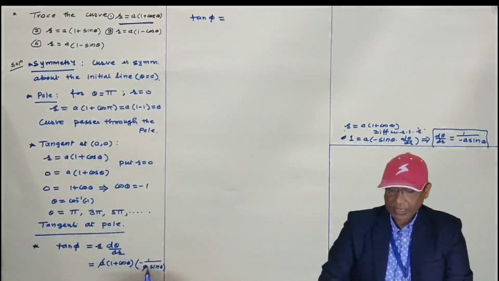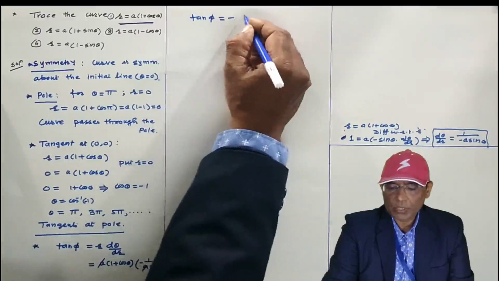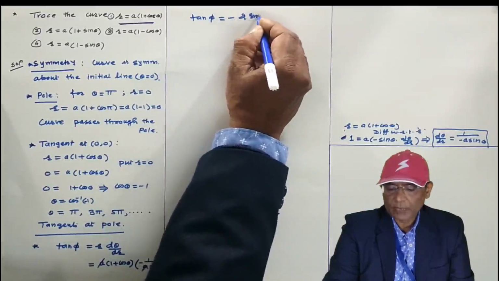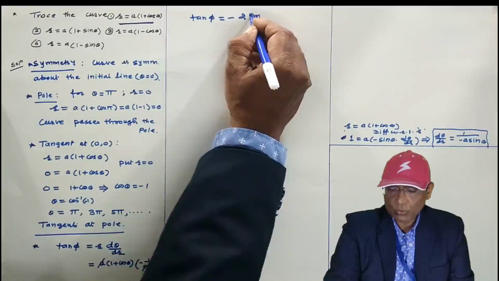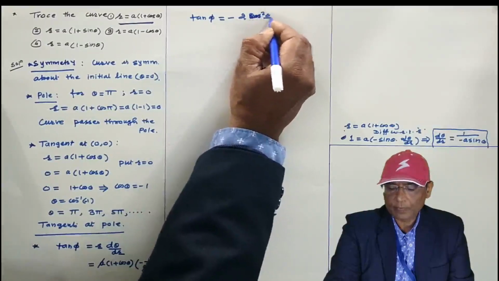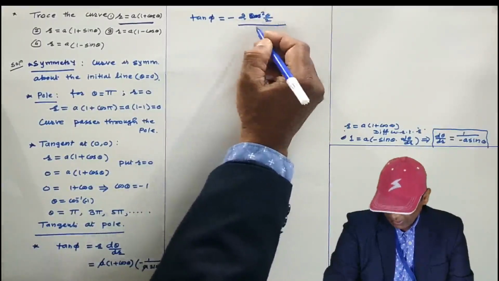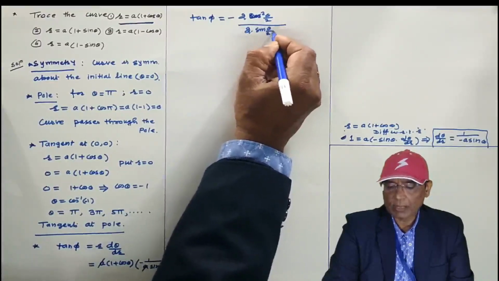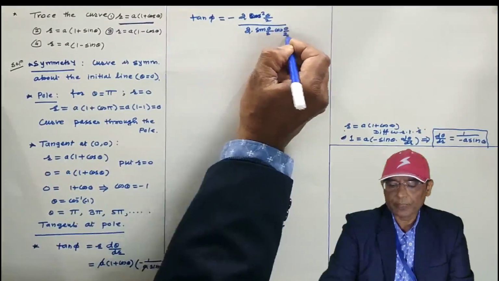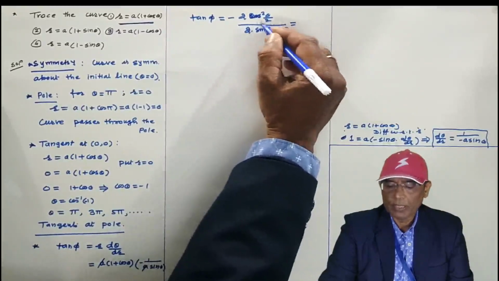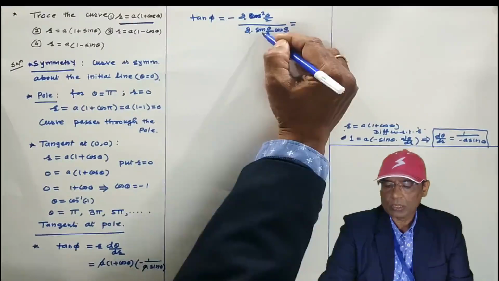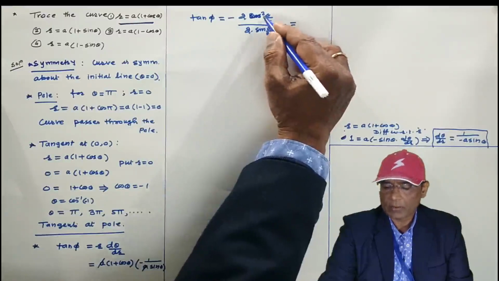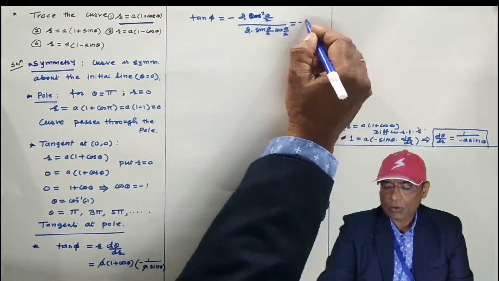Tan phi equals (1 + cos theta) by sin theta, with the minus sign already there. I am going to simplify: 1 + cos theta is 2 cos square theta by 2. In the denominator, sin theta by the trigonometric formula is 2 sin theta by 2 cos theta by 2. The 2 gets cancelled, one cos gets cancelled, and cos by sin is cot theta by 2.